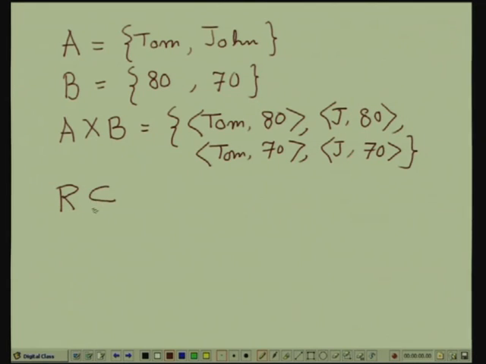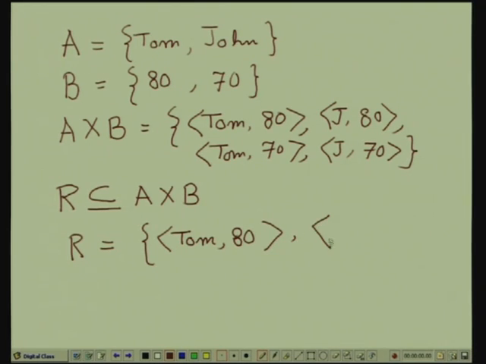These are the possibilities, and we define a relation R, which is a subset of A cross B. So, R may be something like, maybe all the things are not there depending on what R is, Tom 80 and John 70.